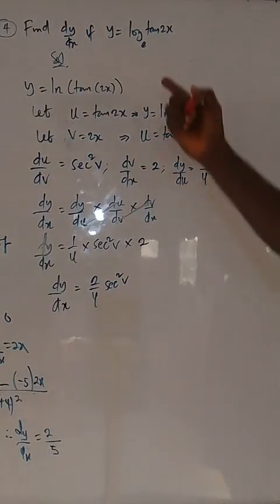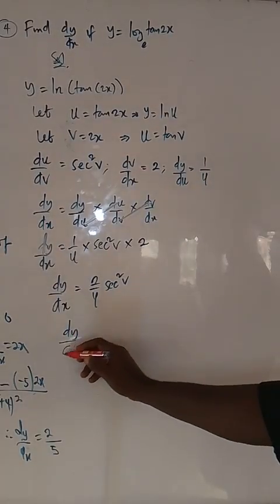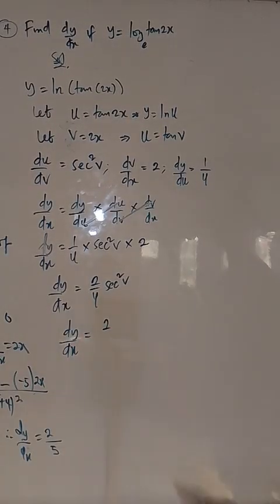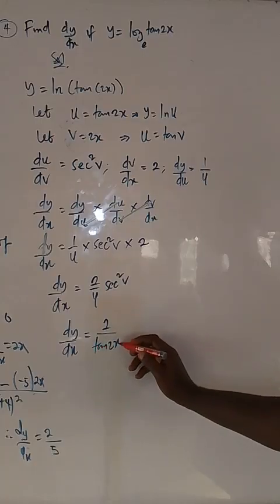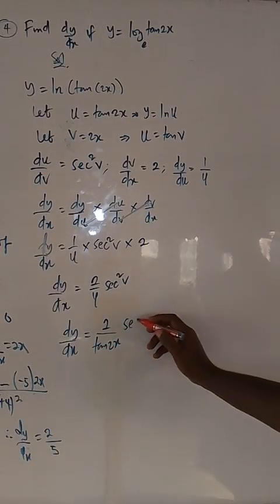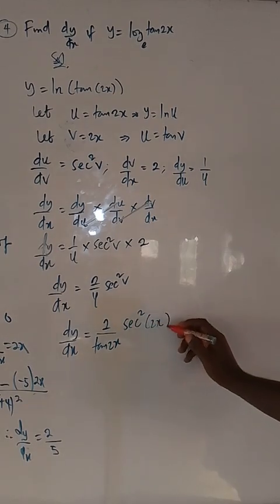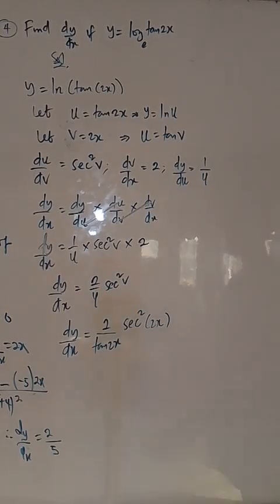Well, in the question, there is no u nor v, so you have to replace them with what they represent. So 2, what's our u? tan 2x. Sec squared, what is v? 2x. Although we are done, we can still simplify because tan and sec have a relationship.